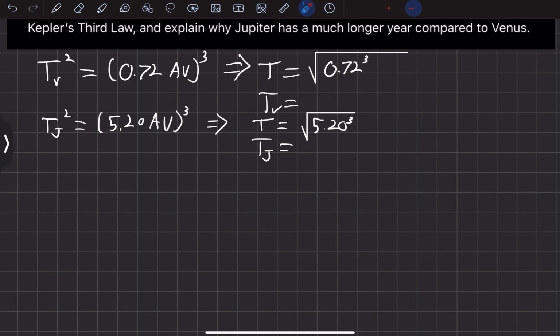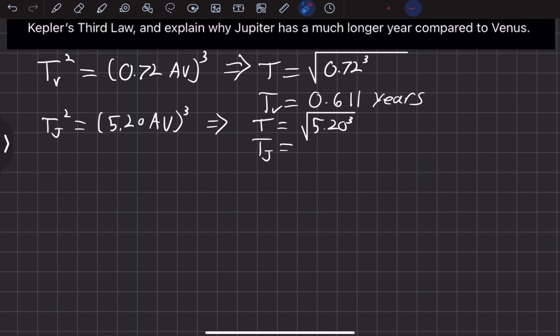So it simplifies neatly down to just the period squared of Venus, hence the V subscript, is going to equal the astronomical units for Venus's orbit, cubed. So we find that the period, after we do the math, is 0.611 years. So about 61% that of Earth's year. So when Venus has done a complete cycle around, the Earth has only gone about 61% of its cycle.